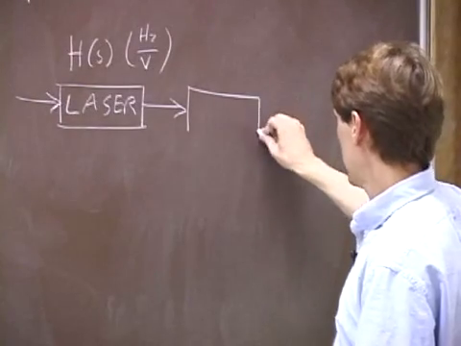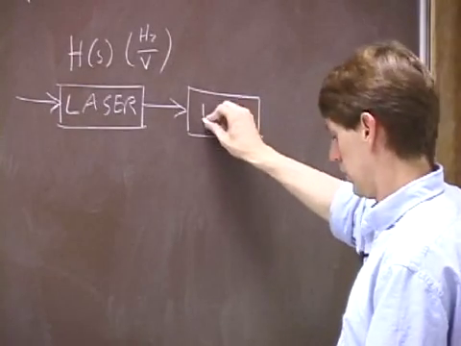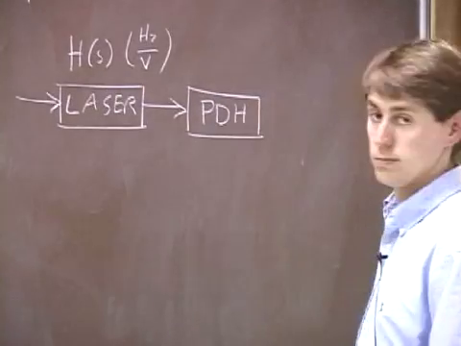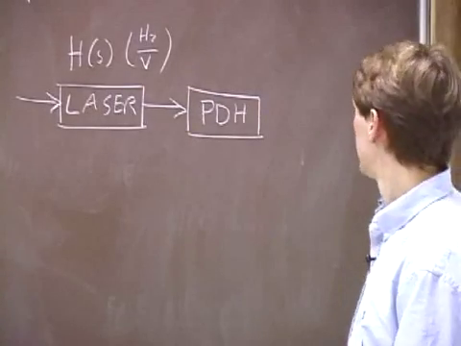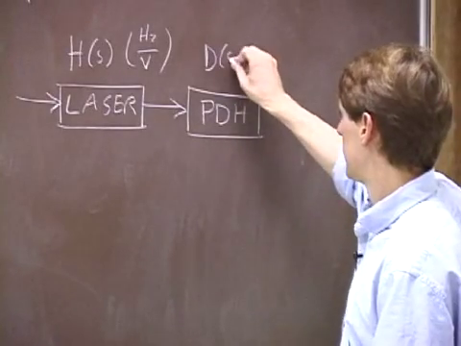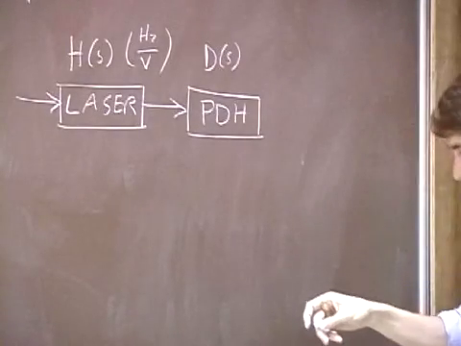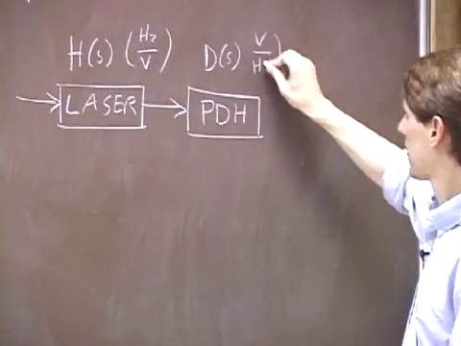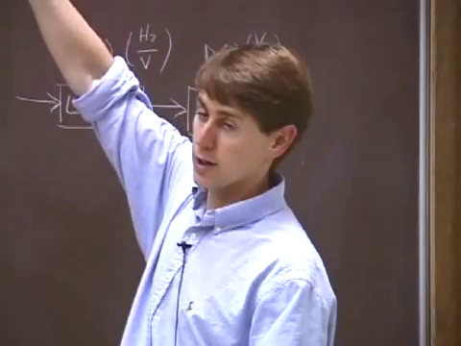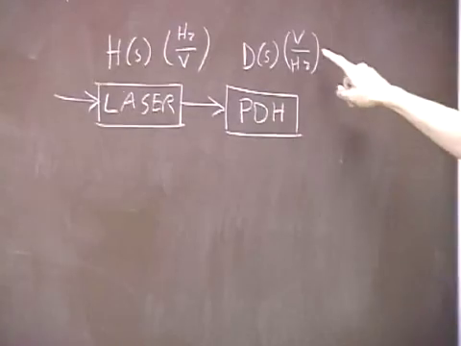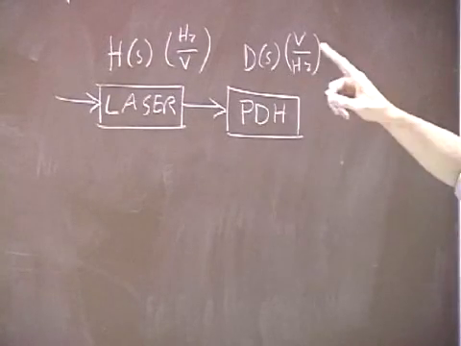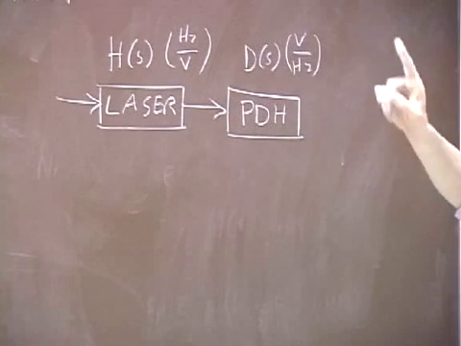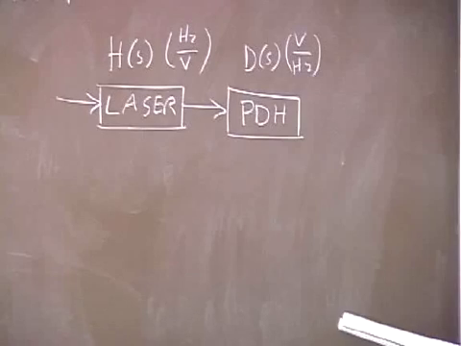And then we have another block, which we'll call the Pound-Drever-Hall block, the sensing method. And this thing will have some sort of a transfer function, D of s, which has units of volts per hertz. So whatever comes out of the mixer is in volts, and it's proportional to the change in the frequency in hertz between the laser light and the cavity resonance.